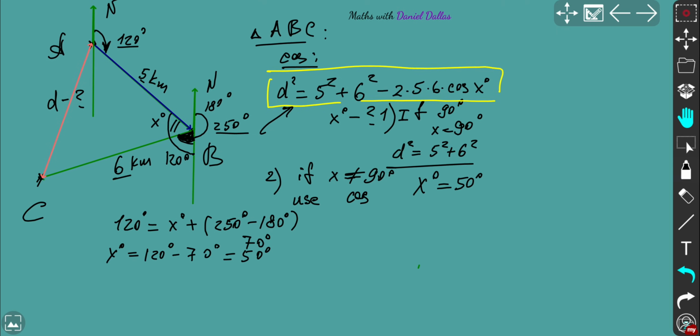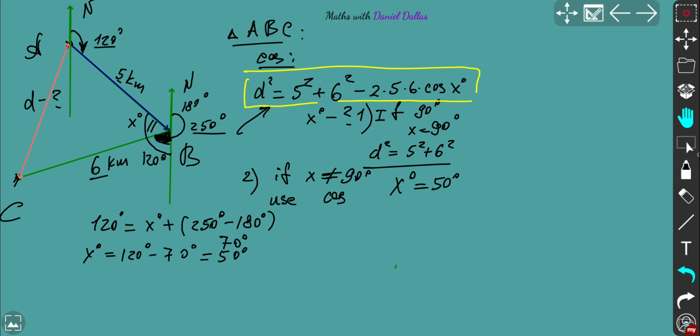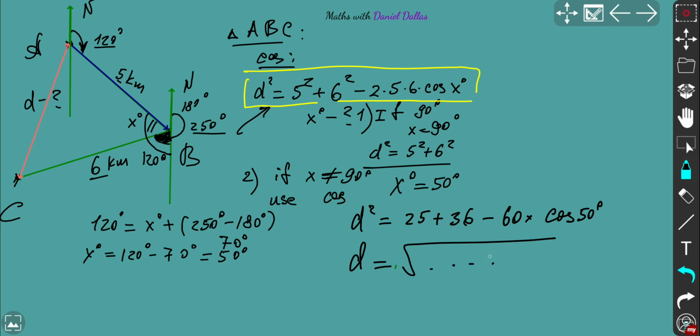We just use the formula: d squared is going to be 5 squared, 25, plus 6 squared, 36, minus 2 times 5 times 6, 60, times cos of 50 degrees. Then you add them up, do the calculations, and take the square root of that.